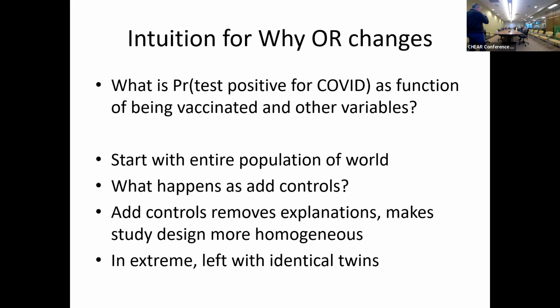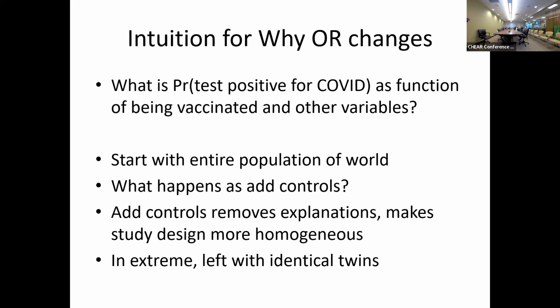And that's going to make the effect of vaccination on the remaining sample big, because that's going to be the one remaining factor after you've explained away where they live, how many people they come in contact with, whether or not there was an outbreak of COVID near them recently, et cetera, et cetera. If you remove all these other explanations, you're left with the vaccination being the only thing that can explain it. And that for the remaining population is going to have a huge effect.